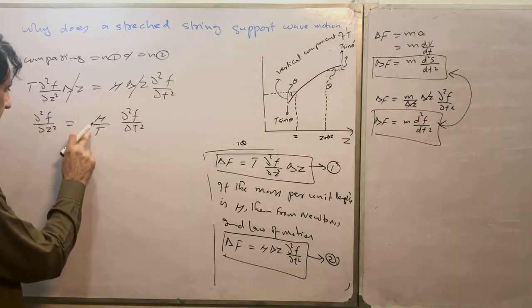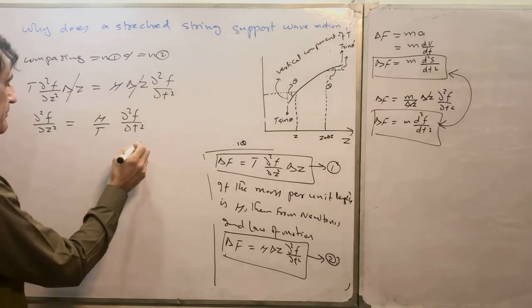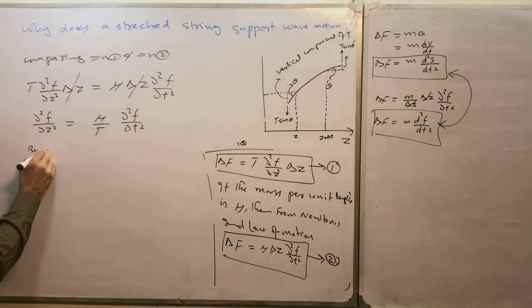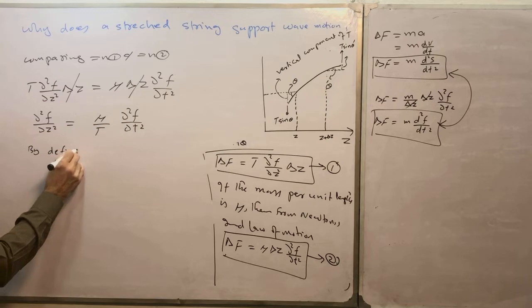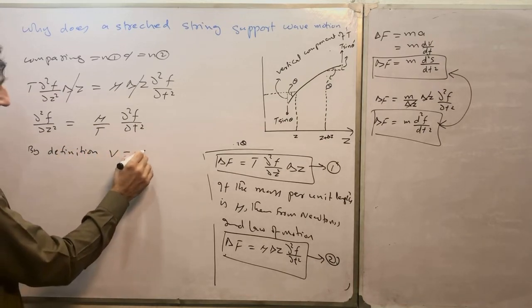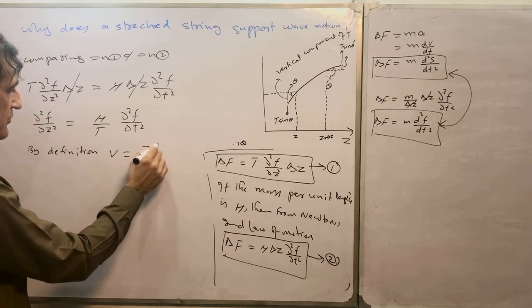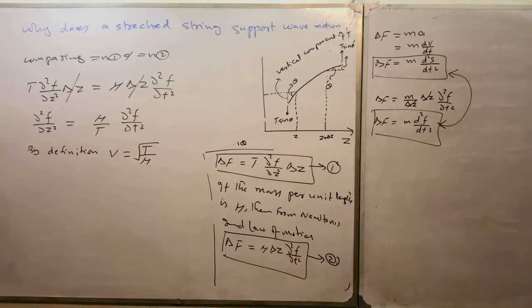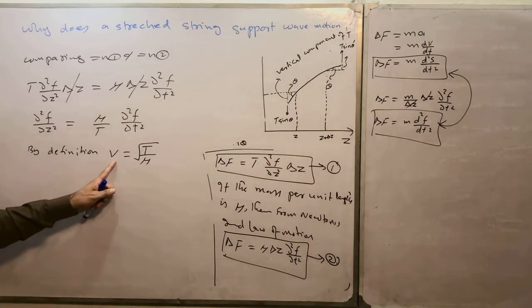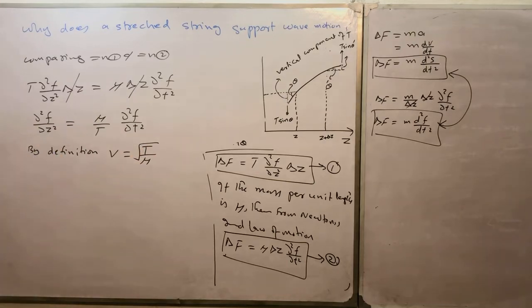This is a very important term, and by definition velocity can be defined as tension divided by mu. By definition, we can say that the velocity in the string is equal to tension divided by mass per unit length.